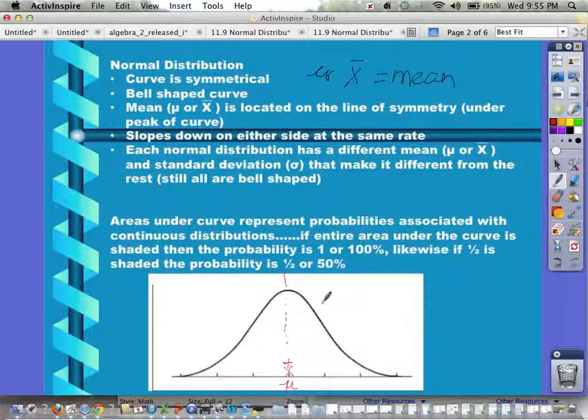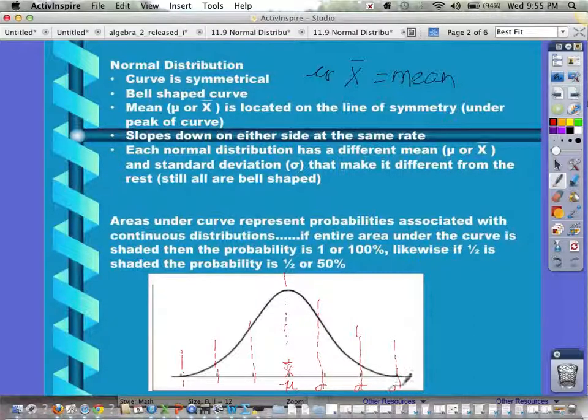And then each one of these places, well, if I could draw it straight, each one of these places to the side, either to the right or the left, these lines represent standard deviations, okay, which will be the little sigmas. So each one of these is a sigma.